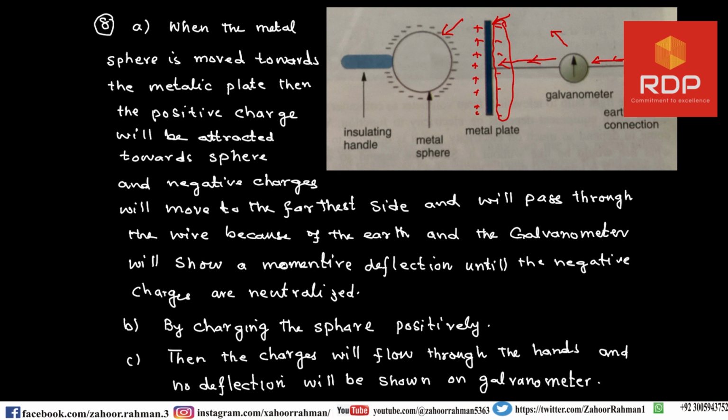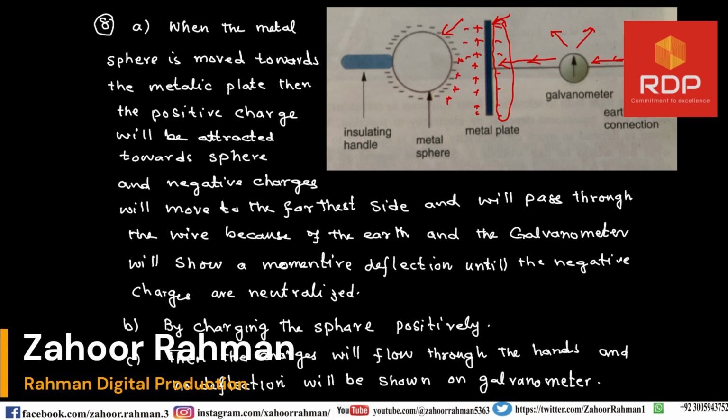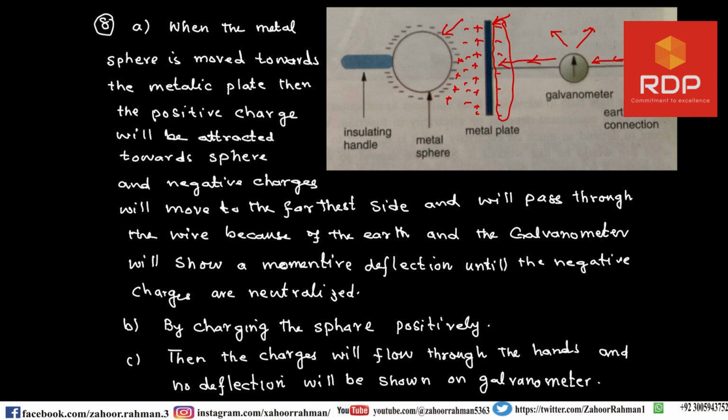Now in part B they are asking how a deflection of the galvanometer pointer in the opposite direction could be produced. To produce this direction we have to charge this metallic sphere positively. Then negative charges will be attracted from that neutral metallic plate, and positive charges will move to the farthest side.